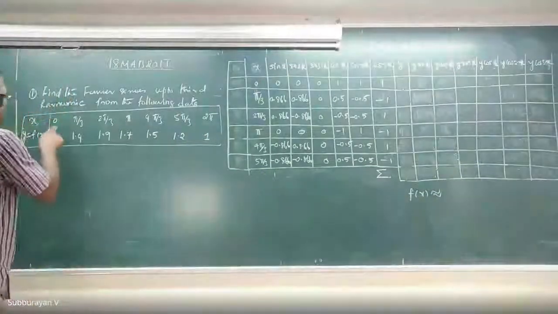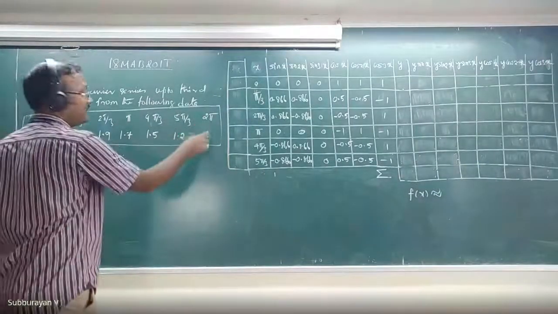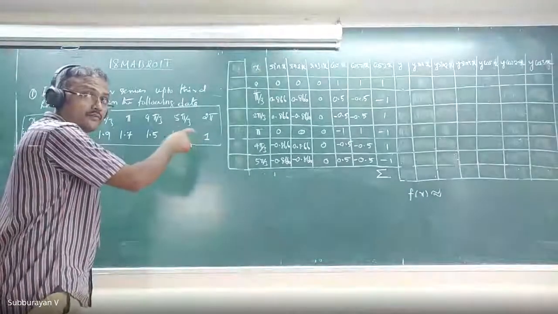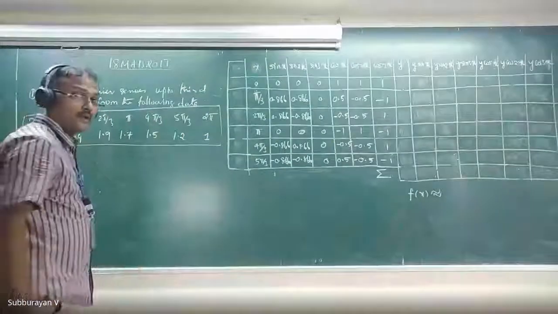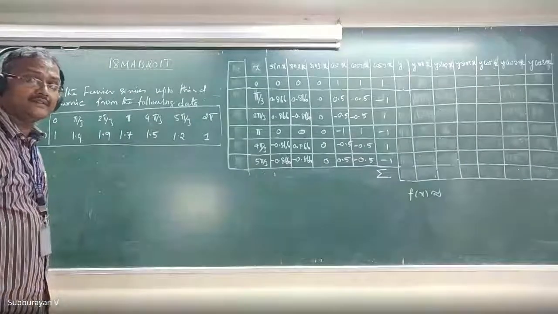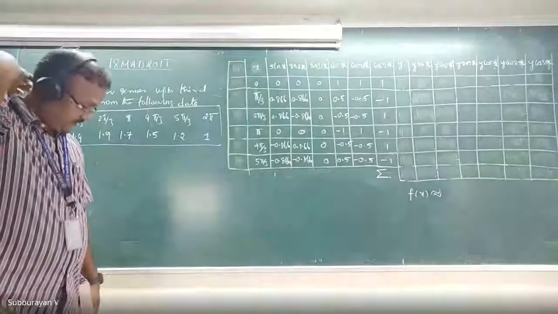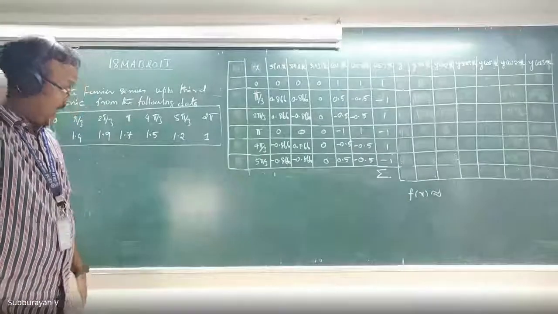Look at this. At x equal to 0, the value of y is 1. Similarly, at x equal to 2 pi, the value of y is also 1. Therefore, it gives some periodic function. Therefore, one can extend this function into a harmonic series.